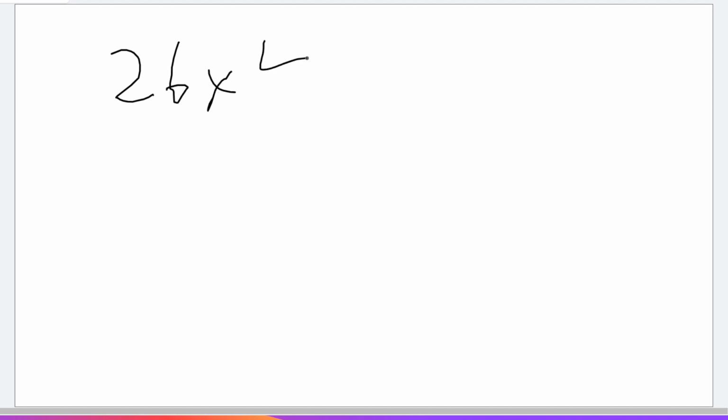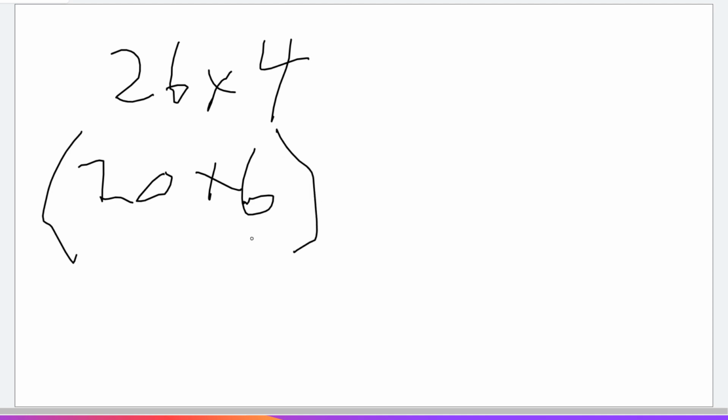Alright, let's say I wanted to do, I'll just pick a random number, 26 times 4. Looks kind of complicated, but if we remember our rule of tens, let's break 26 down into a multiple of 10 and a single digit. 26 is just 20 plus 6.